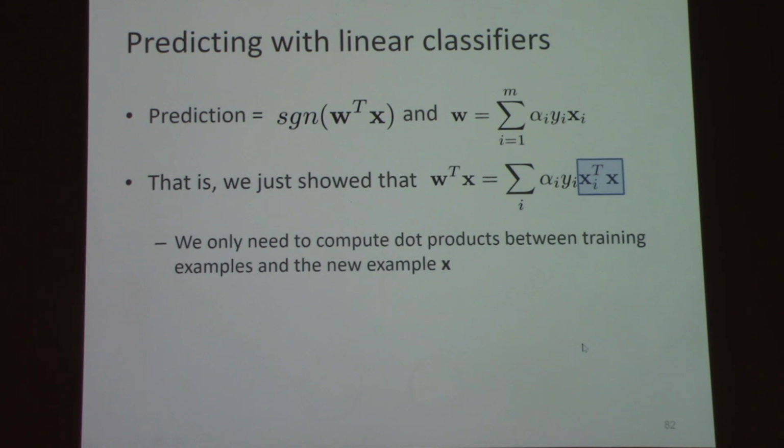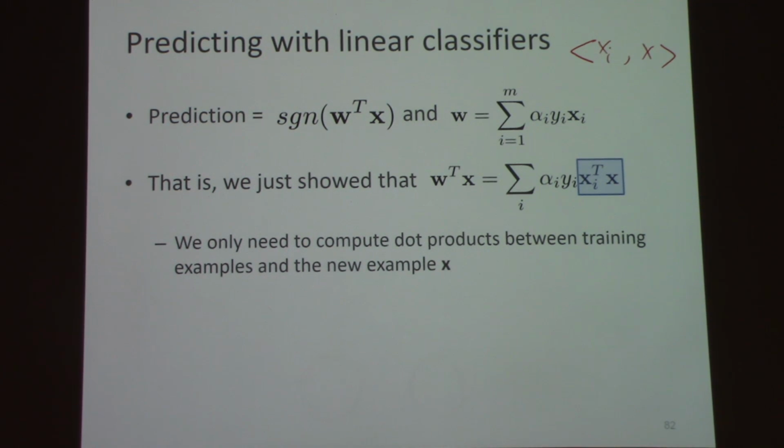The fundamental operation that's needed here is the dot product. The dot product between what? I tend to write dot products as transpose, but sometimes you also see papers and books writing it in this notation, Xi, X. This is just another way of writing dot product. So all I need to do is compute the dot product between a training example and a new example.